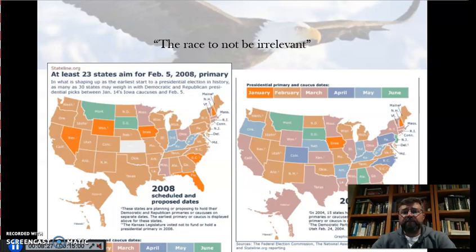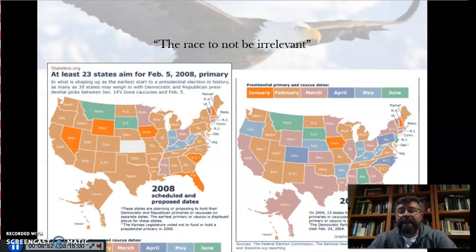And that has led to a phenomenon called Super Tuesday, in which many, many states have their primaries all at the same time. And you can see here on this little map that in 2008, so many states all tried to have it at some point in February. And so everybody's sort of racing to the front trying to do this.